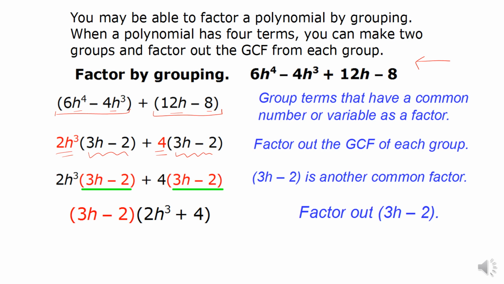Now, another important thing to notice here is that this is not completely factored. So I'm going to factor out a 2, and I'm left with h cubed plus 2 times 3h minus 2. And now it's completely factored. You always want to look back and make sure you have completely factored your polynomial.